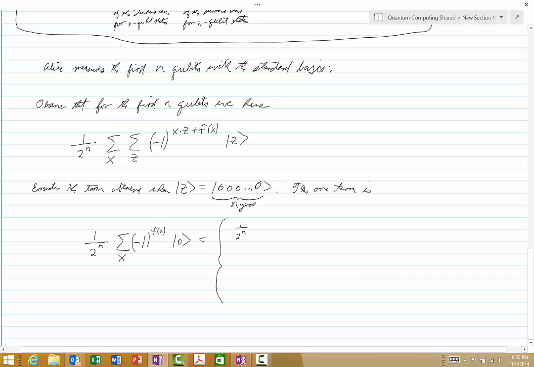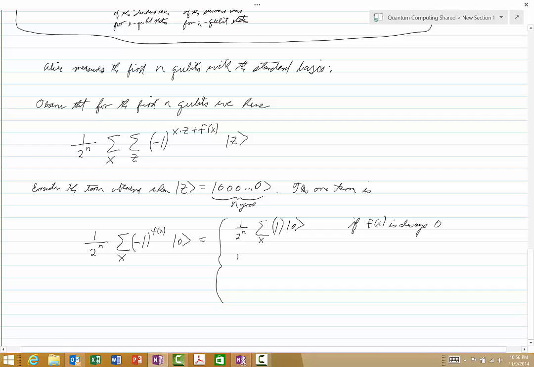Okay? So this will be the sum over x of 1 times the 0 ket if f of x is always 0.